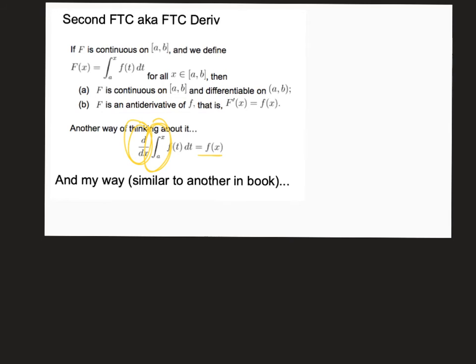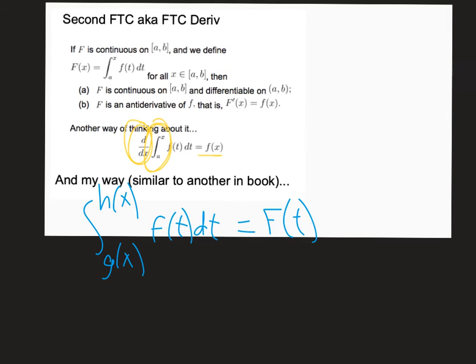I like to make it wacky. Here's mine. If I integrate from g to h of f of t dt, that's going to be big F of t, where big F is the antiderivative, from g to h.